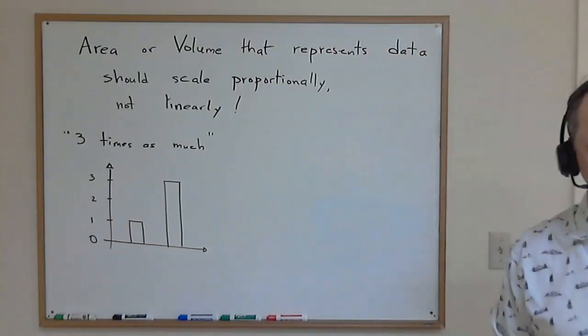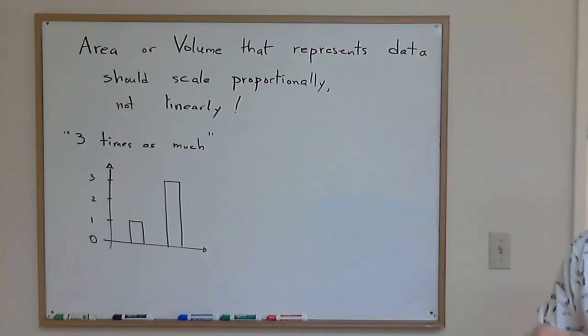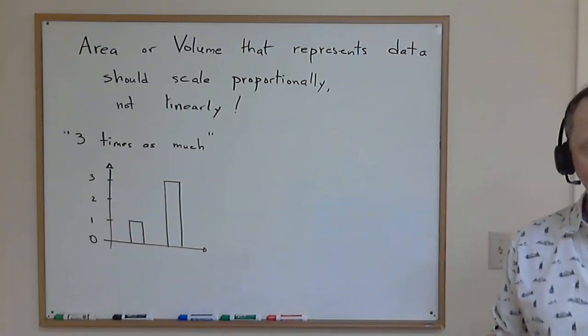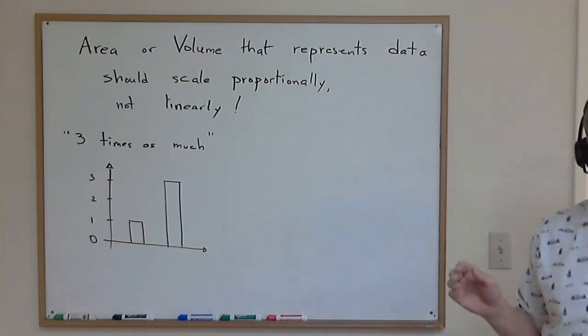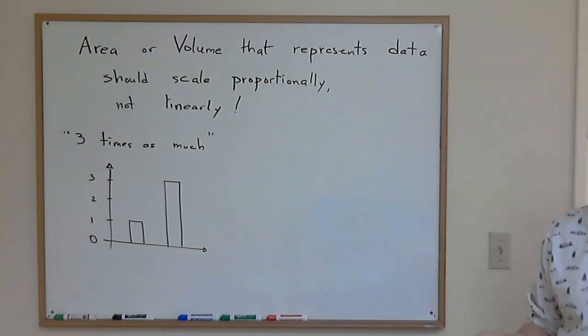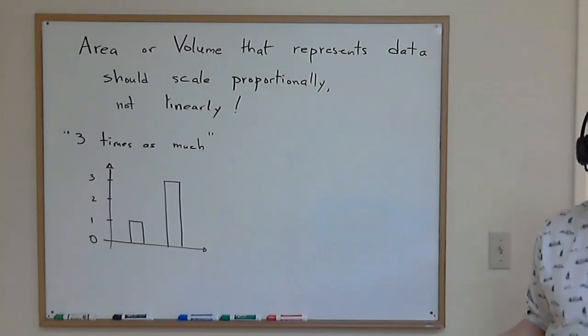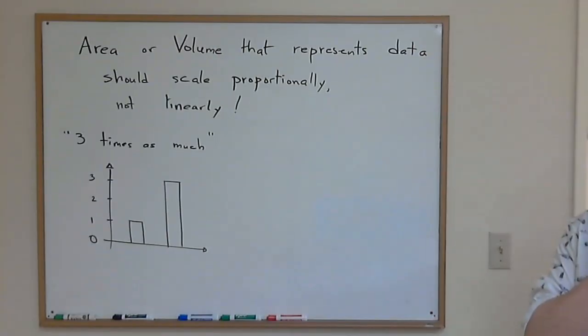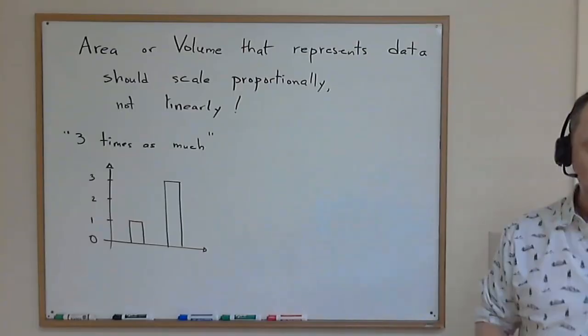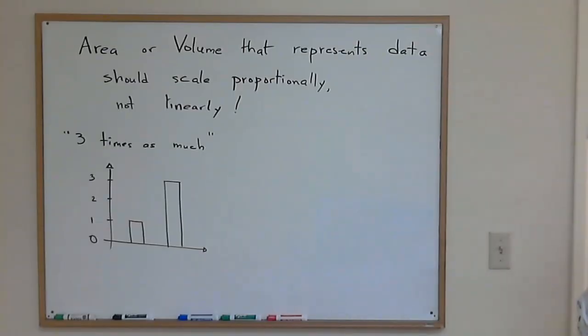And the final issue, again, has to do with representations being faithful to what they really represent. And this is a tricky issue if we use areas or volumes to represent data. Technically, it's okay to do so, but if we do, the representations should scale proportionally, not linearly.